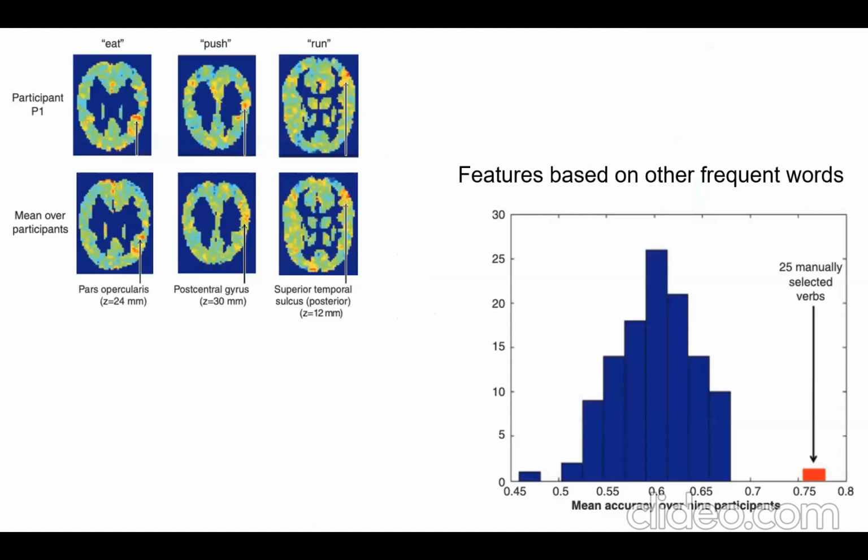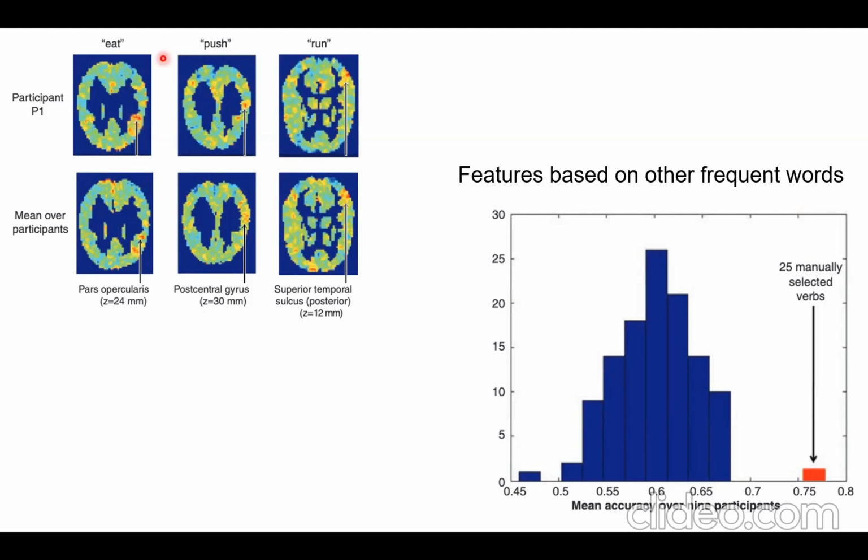And this can also be further explored to try to examine the importance of each individual feature. So for example, we can see that here, for the feature verb eat, this is the spatial brain map. And we can see that basically this region is close to the olfactory areas.